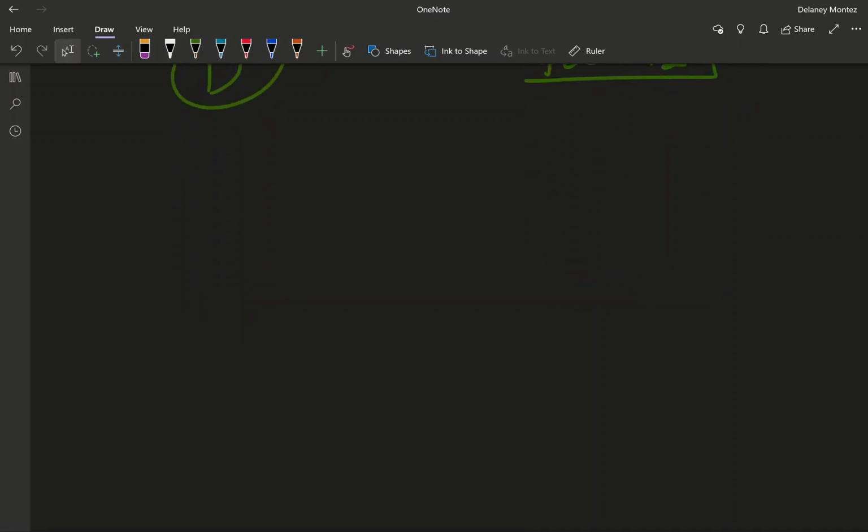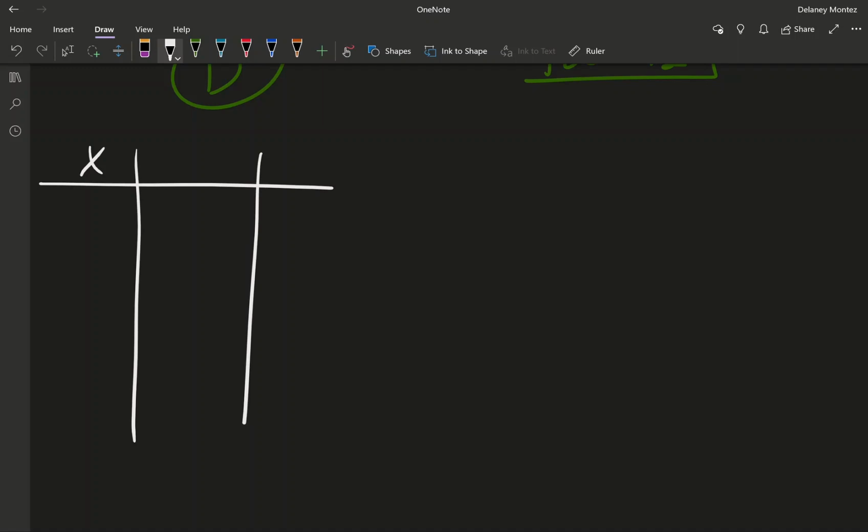20 and 21 follow a chart. I'll do the chart really quick here. So we have x, f of x, g of x, right?